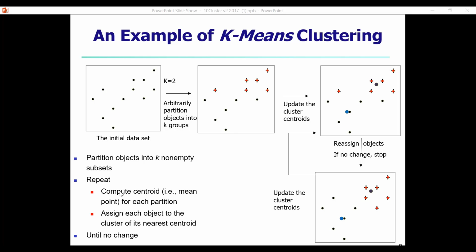And then we calculate the distance again from each object to those two newly calculated centroids, and whichever is closer, we reassign each data object to a different cluster. So we keep doing this until there is no change. And then we have two new clusters. So this one is known as k-means clustering.